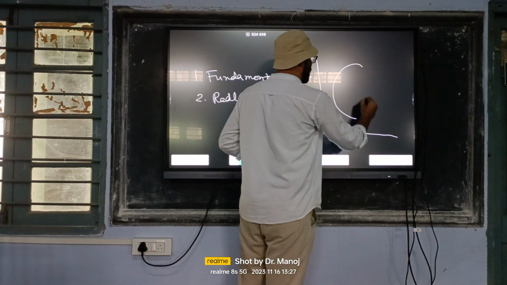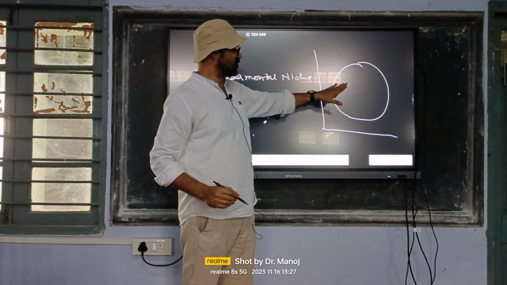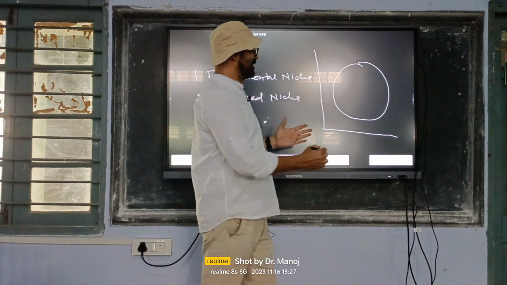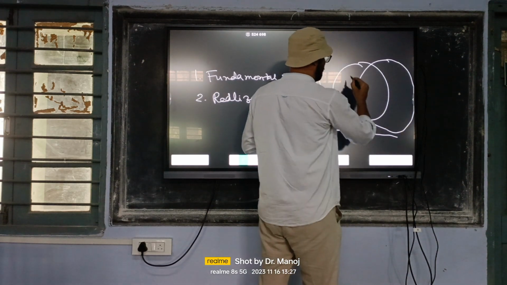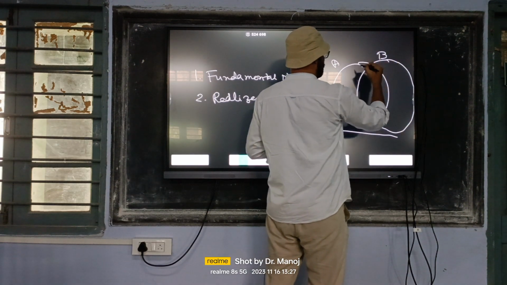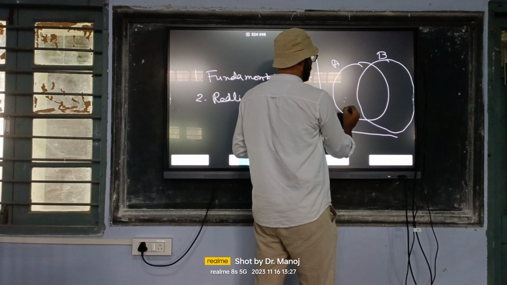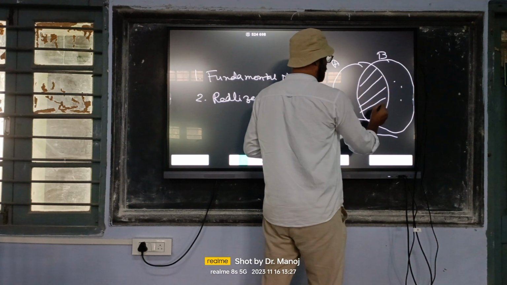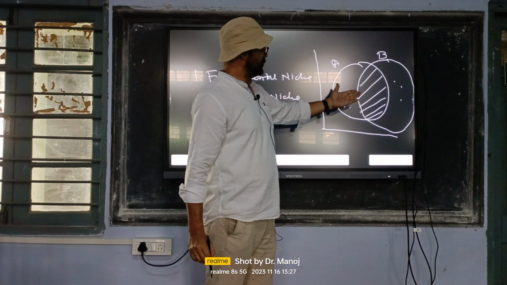Suppose this is the fundamental niche when the species is not competing. Because of competition, that fundamental niche will be reduced. This is the fundamental niche of another species, suppose species A and species B, and this will be the realized niche, and this is the competing zone. There will be intense competition, maybe for both space and food.